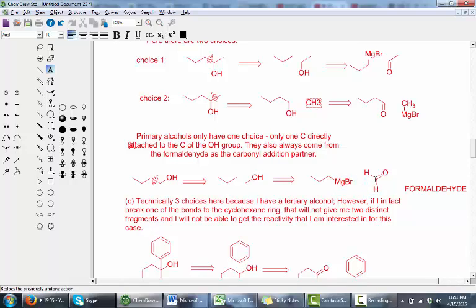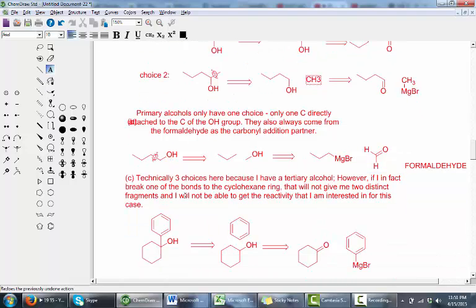This is just a 1-carbon carbonyl compound, formaldehyde, that adds to my Grignard reagent to give me primary alcohols. Primary alcohol Grignard products, I can't say this enough, always come from Grignard reactions that involve formaldehyde as the carbonyl component.